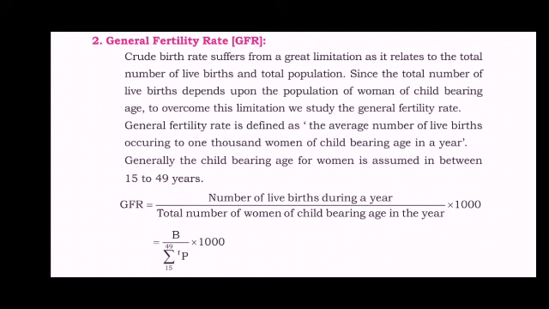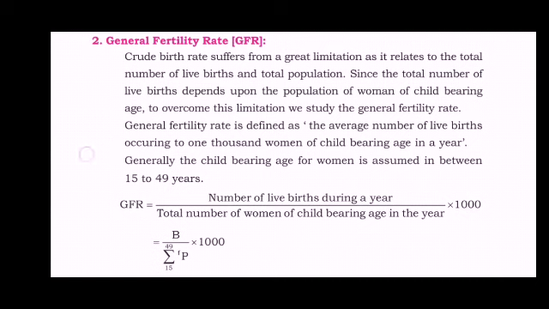Dear students, in the previous class we discussed crude birth rate, that is the average number of live births occurring to 1000 individuals, and also we discussed the merits and demerits there. The main demerits are it doesn't consider gender composition as well as age composition.